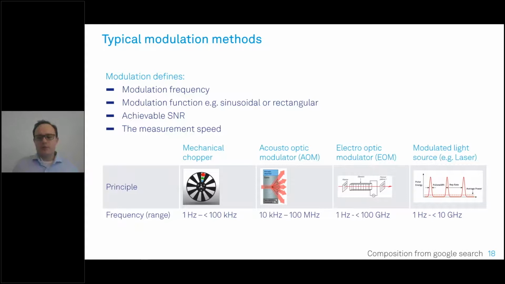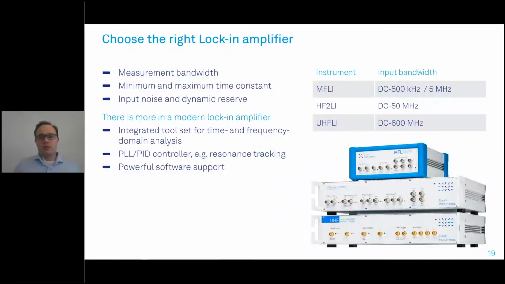Where it's slightly different, as we will come to, is typically mode locked lasers or pulse lasers. There we have a super short duty cycle, and you can basically switch them on or off, or modulate them to some extent on top. In the end, the modulation method defines the achievable signal to noise ratio, because it depends on the frequency you aim for, and therefore also the measurement speed. To do that, you need to choose the right lock-in amplifier to go with this frequency.